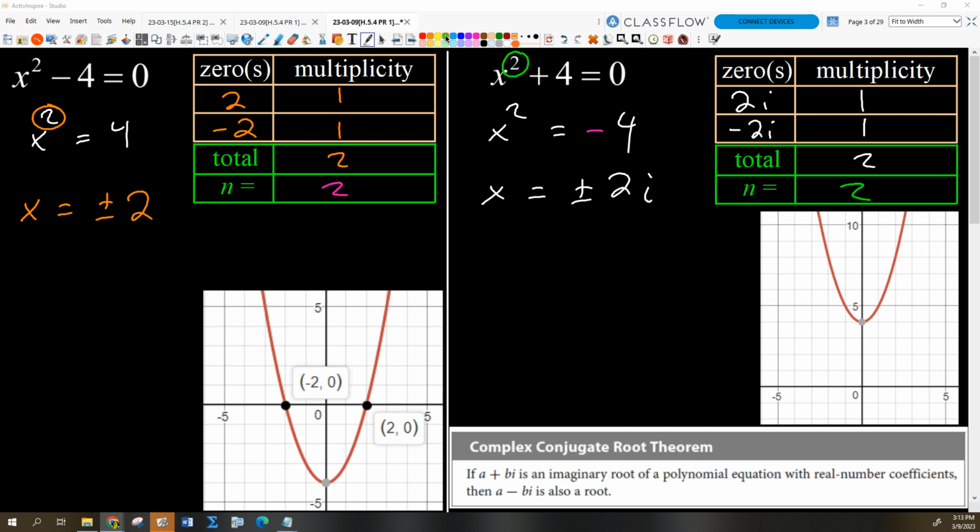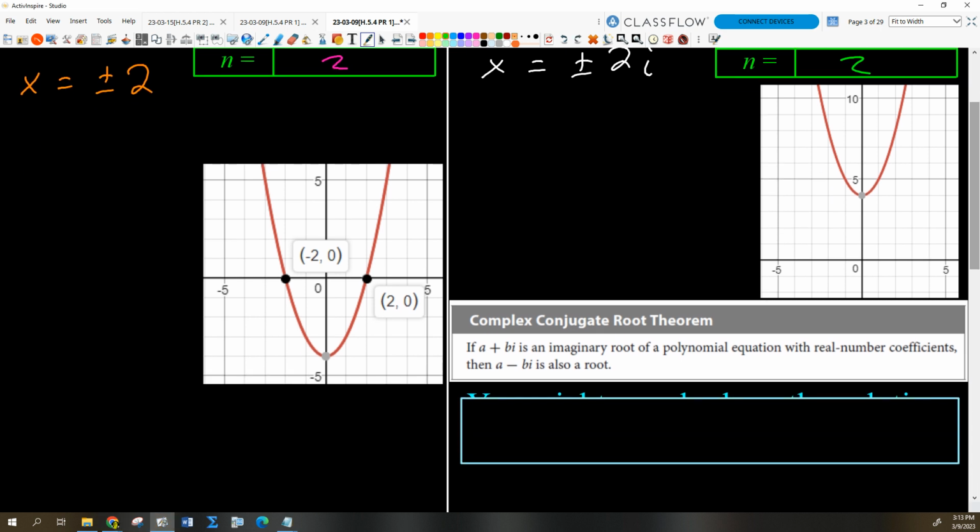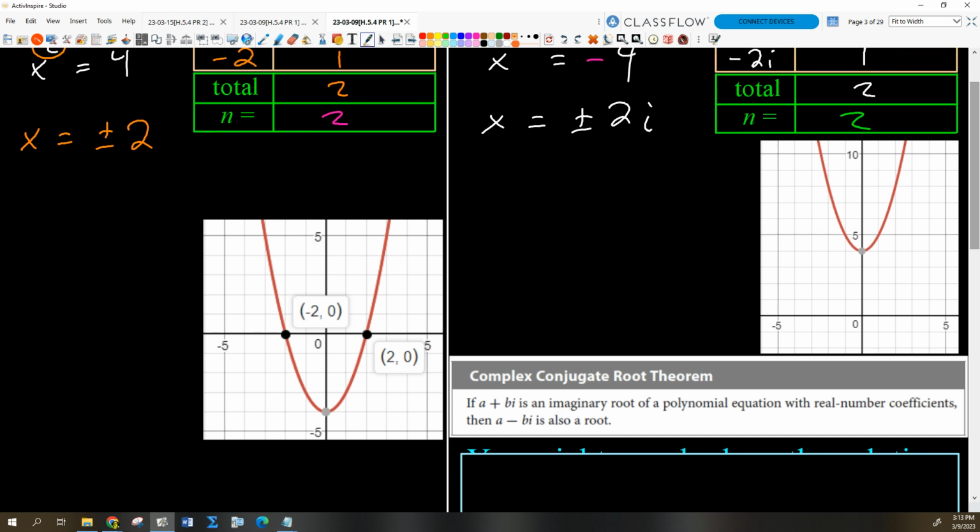Now, did I tell you a lie? I told you that complex zeros always come in conjugate pairs, complex conjugate pairs. So is plus or minus 2i, does that look like a conjugate pair? A complex conjugate pair should look like this: a plus or minus bi.